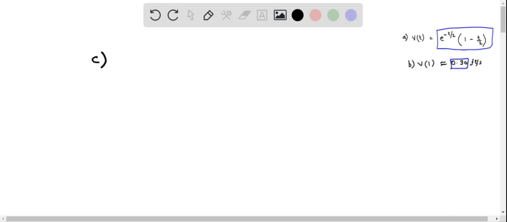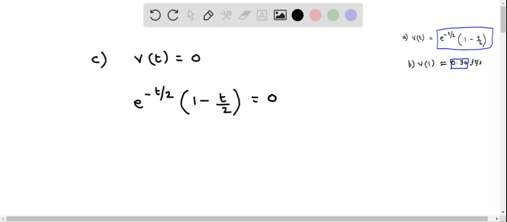In part C, we determine the time when the particle is at rest. The particle will be at rest when the velocity equals 0. That is, when v of t equals 0, the particle is at rest. So let's replace v of t and determine the value of t. V of t is e raised to the power of negative t by 2 times 1 minus t by 2, and this equals 0.